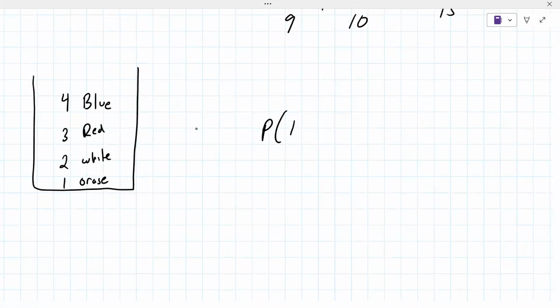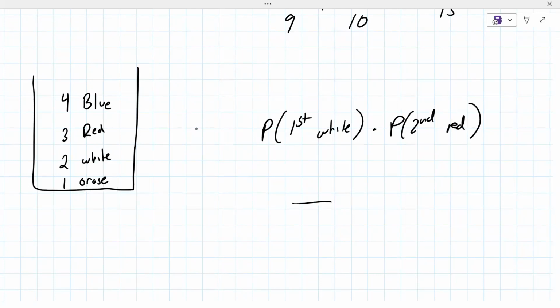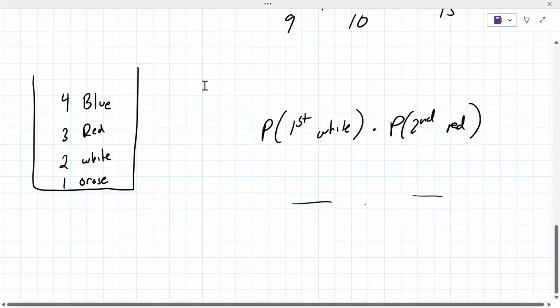What's the probability that the first is a white? Probably the second is a red. So you would just multiply. You have to first figure out the white and then the red, like we did in the previous problem.